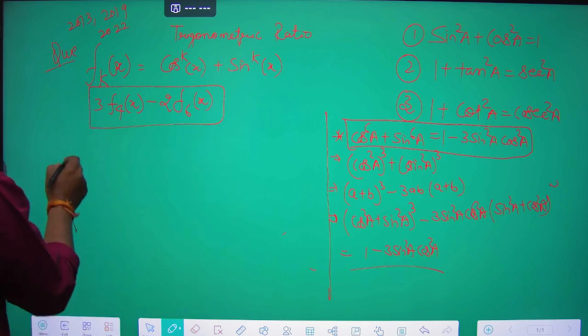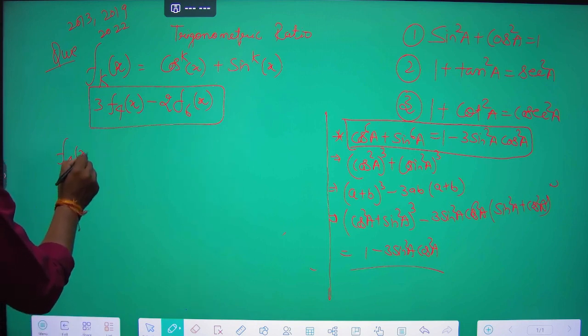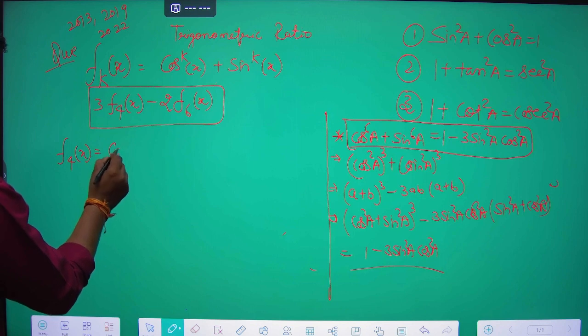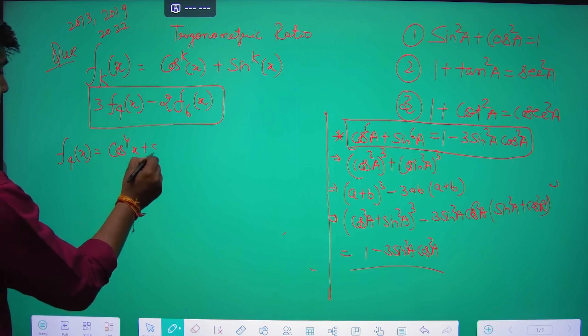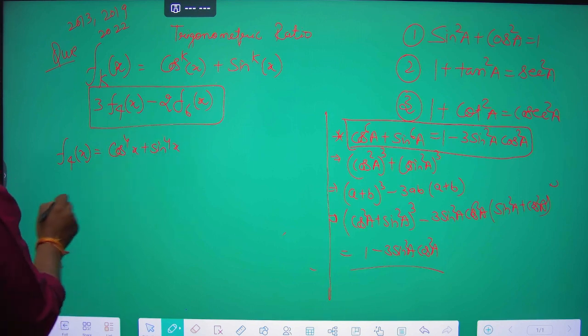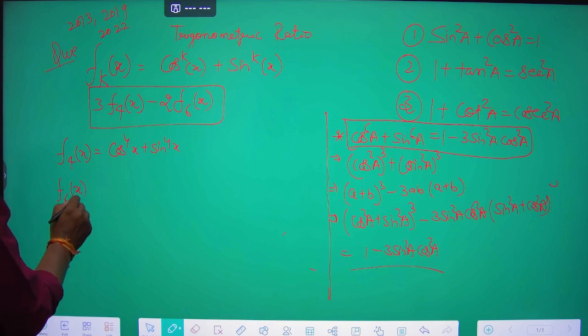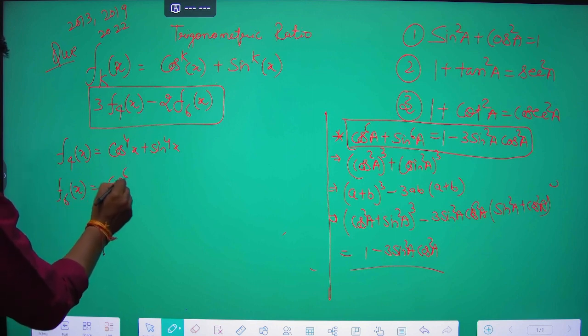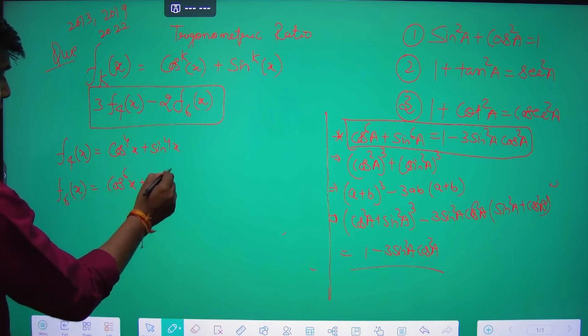So f4x is equal to cos to the power 4x plus sine to the power 4x. Now f6x is equal to cos to the power 6x plus sine to the power 6x.